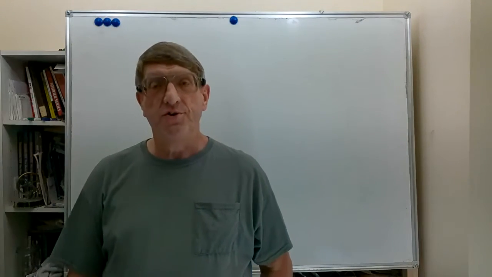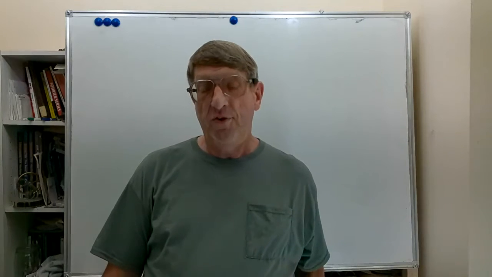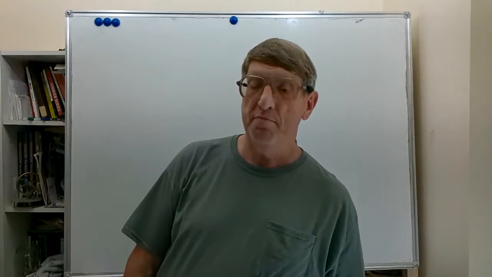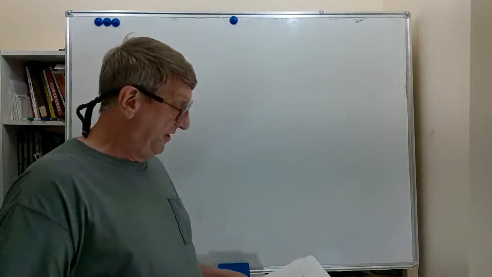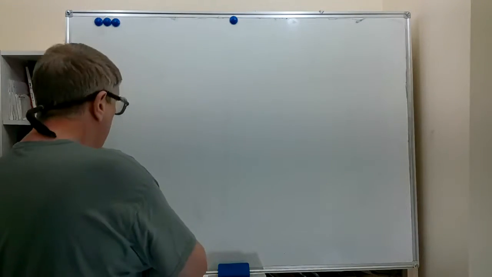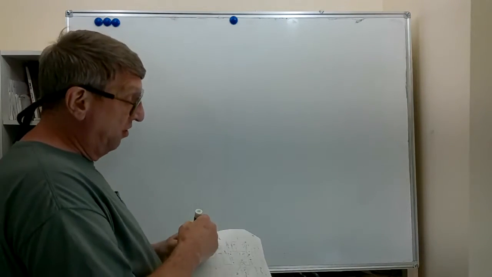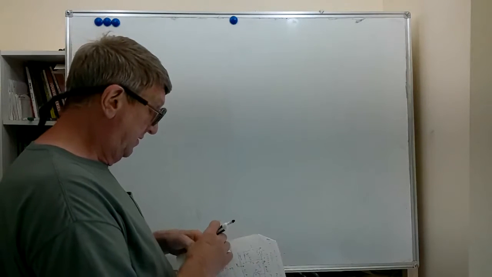Today we will continue our discussion of circuits that have both series and parallel parts to them. And like usual, we're going to begin with a drawing and talk about it a bit.